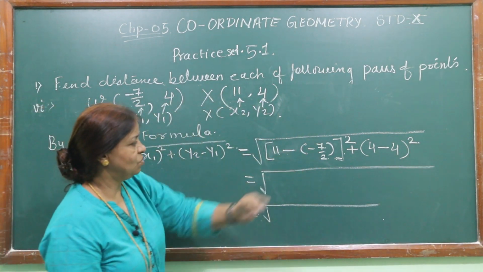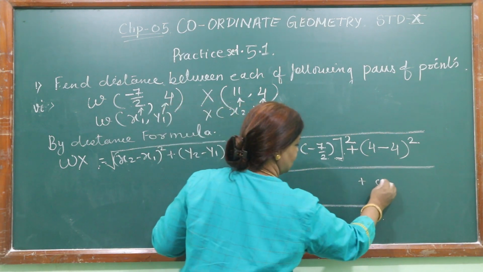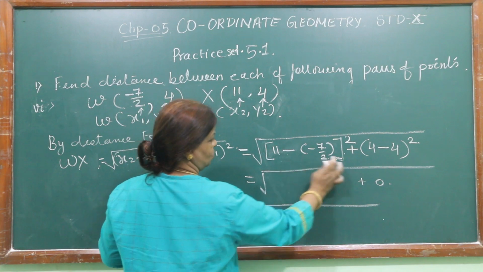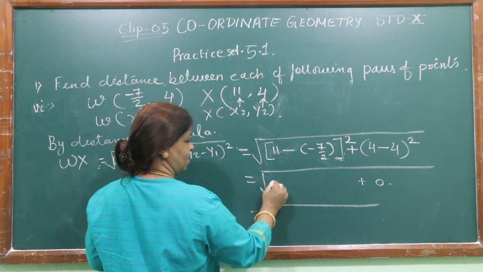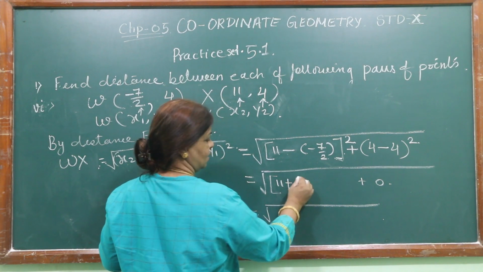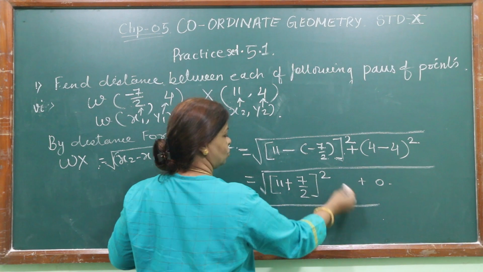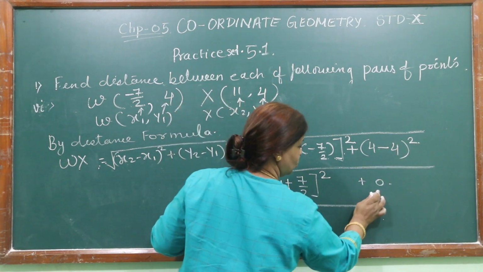So 4 minus 4 will go, children, that would be 0, that is plus 0, and this we need to solve now. 11 minus minus will become plus 7 upon 2 the whole square, plus 4 minus 4 0.